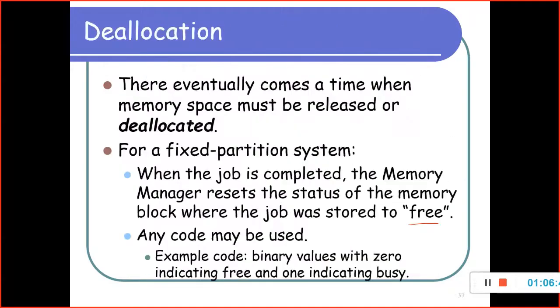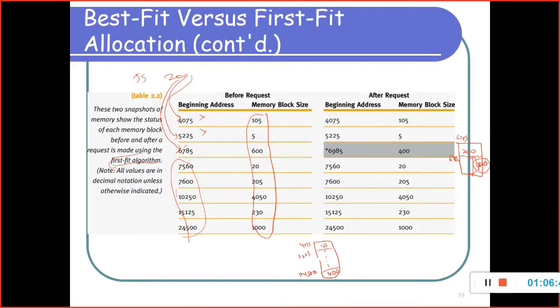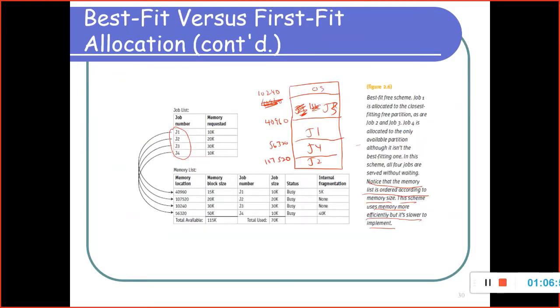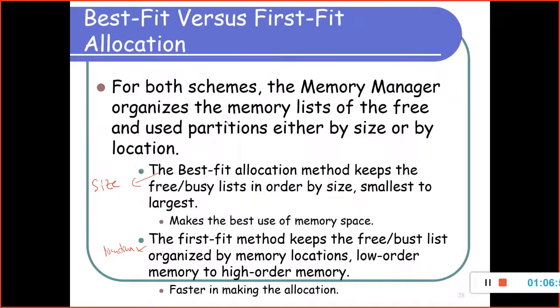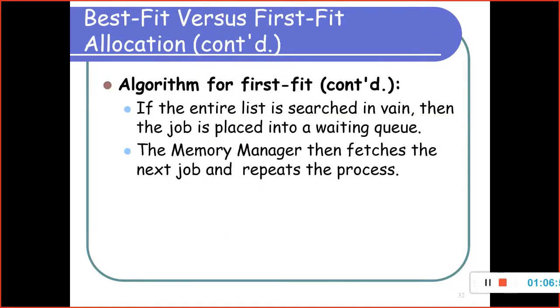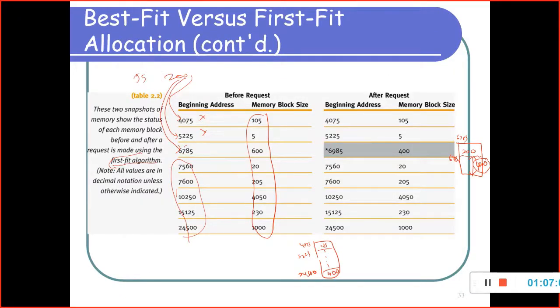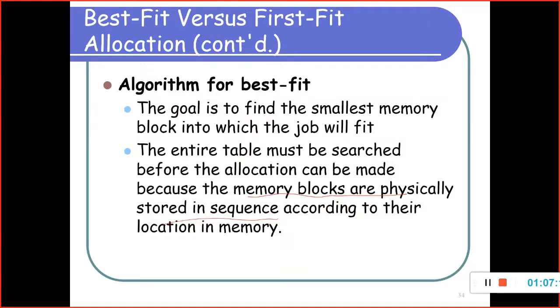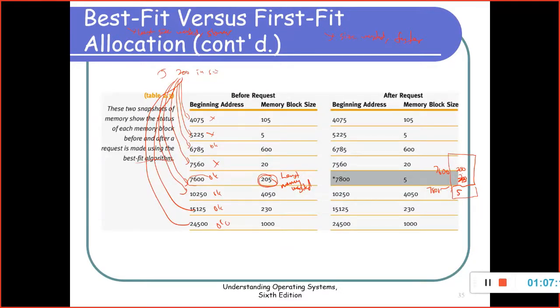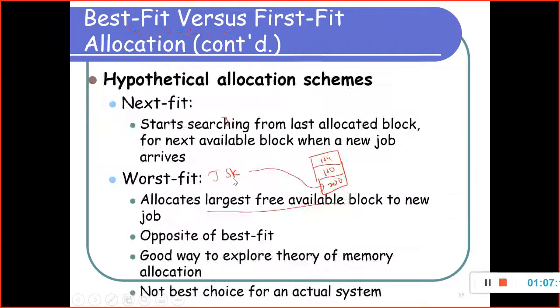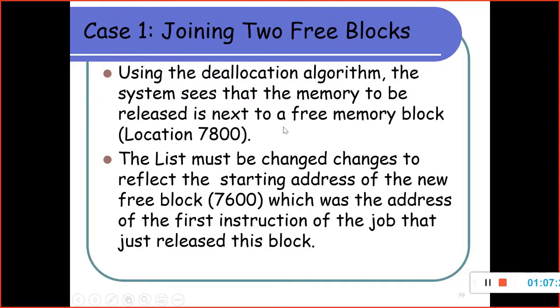I think in this example it refers to 7,600. So the memory to be released, 7,600, is next to a free memory block at location 7,800.